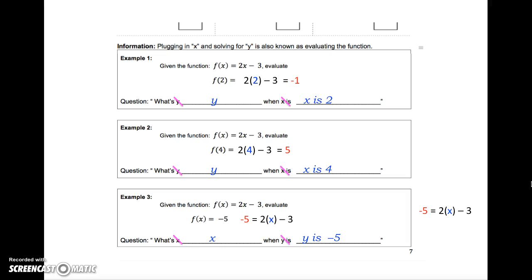So I rewrite the equation, and I want to isolate the x. So I'm going to add 3 to both sides. Then I'm going to divide both sides by 2 to isolate my x, and I get x is equal to -1. So if I'm asked to evaluate f of x equals -5 for this function, I would say x is equal to -1.